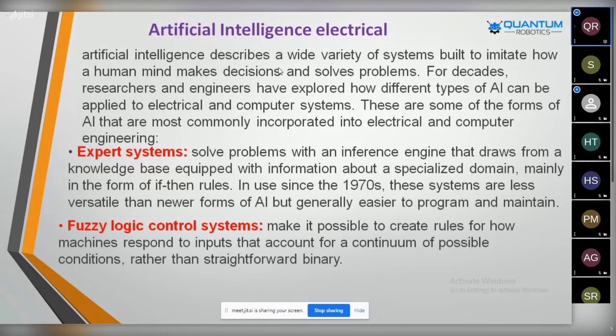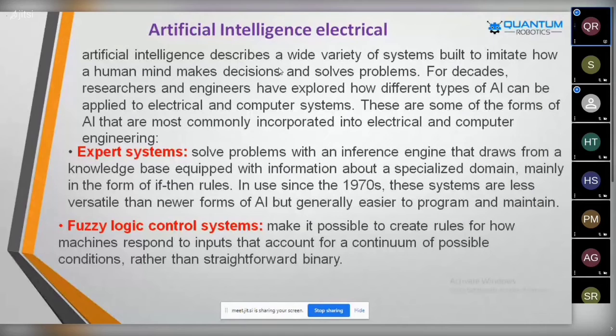When we go into artificial intelligence, we get the expert system and the physiologic control system. With the expert system, the solving of a problem is done by a particular algorithm, an inference engine that draws from a knowledge base with information about the specialized domain.